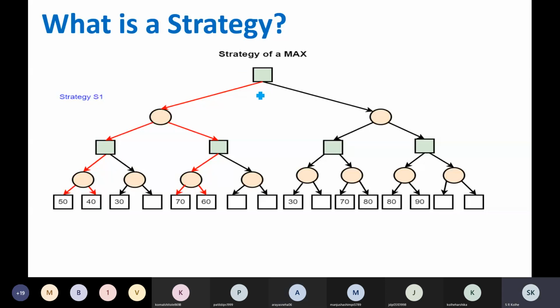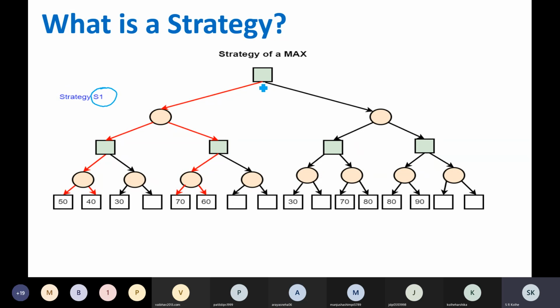So whatever move min makes, max has an answer. For example, in this situation, this red color tree is a strategy. We will call this strategy S1.